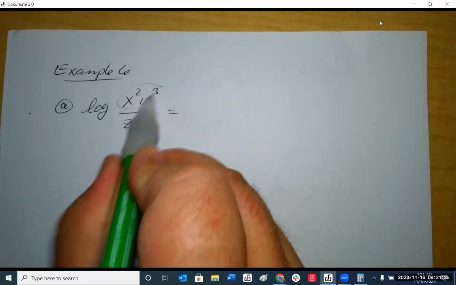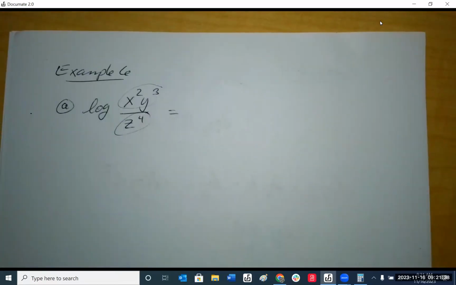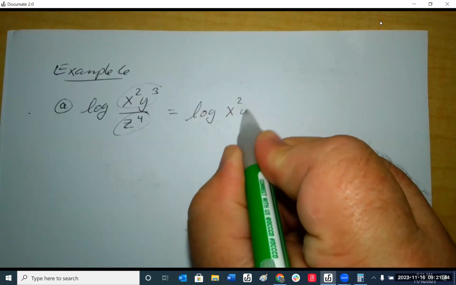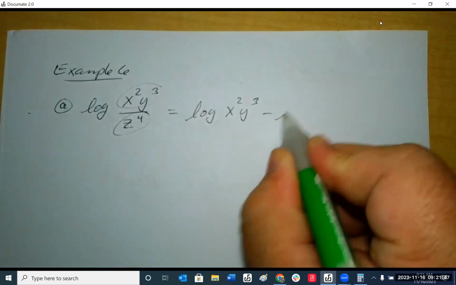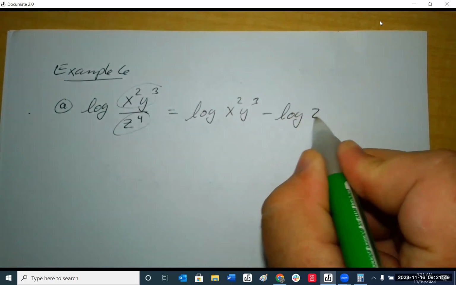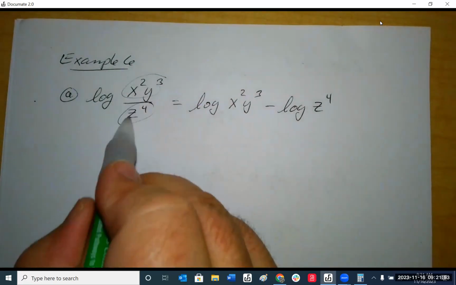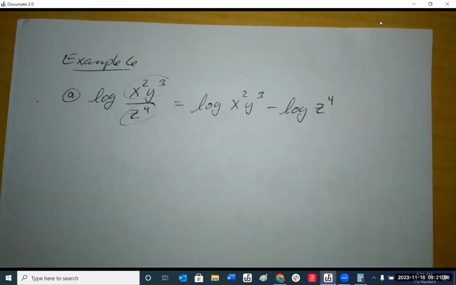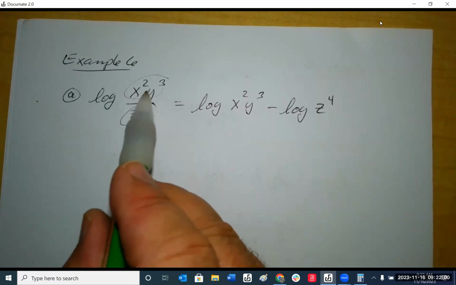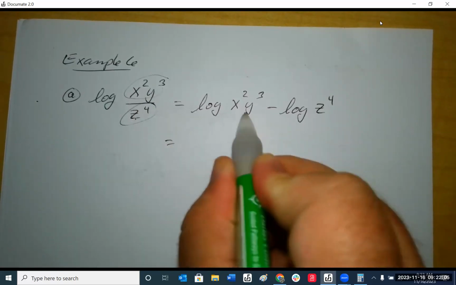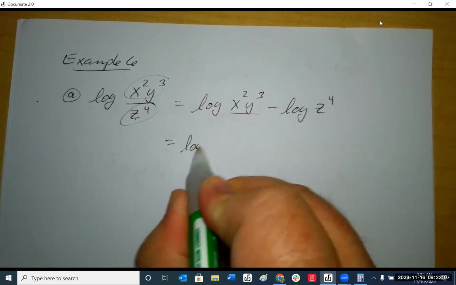So we have a quotient to begin with. How do we separate the quotient? Well, first, right, so we have the top minus the bottom. Since we know that rule, since we have a product here, these will have plus in front of it. This one has a minus in front of it. Now we expand this.